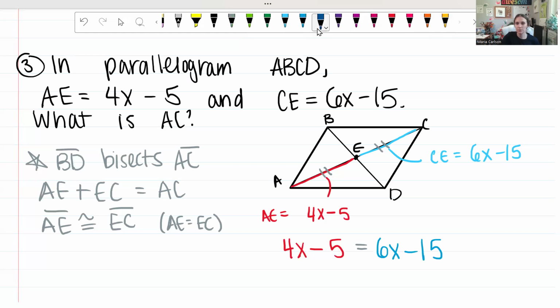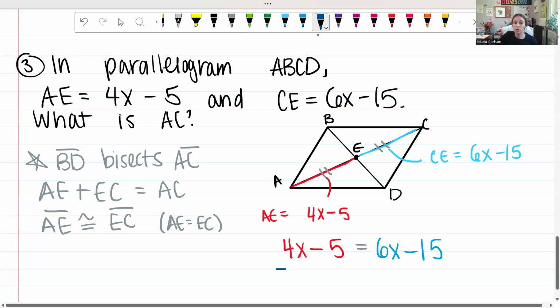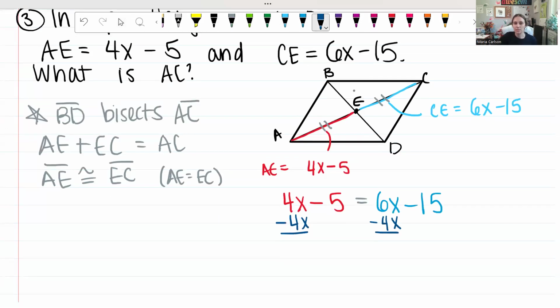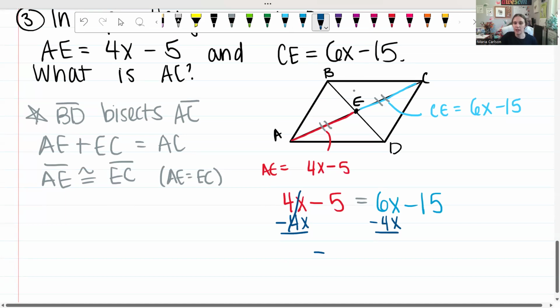First thing I will do, I want to get x on one side, so I'm going to take away 4x from both sides, so that I am taking away the smaller number of x's from the bigger number. The 4x's will cancel, leaving us with negative 5 is equal to 6x minus 4x, which is 2x, minus 15.